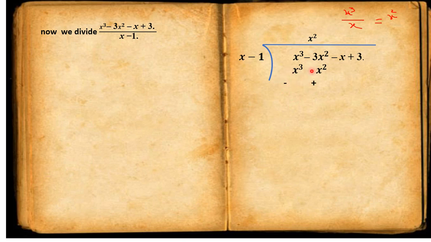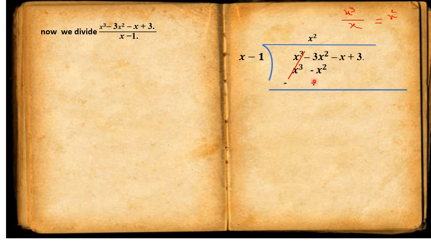This minus x square becomes plus x square. Now we can subtract. This x cube and minus x cube are like terms with different signs, so they will cancel out, and the subtraction of these two terms is 0 here. And minus 3, and here it is plus 1.